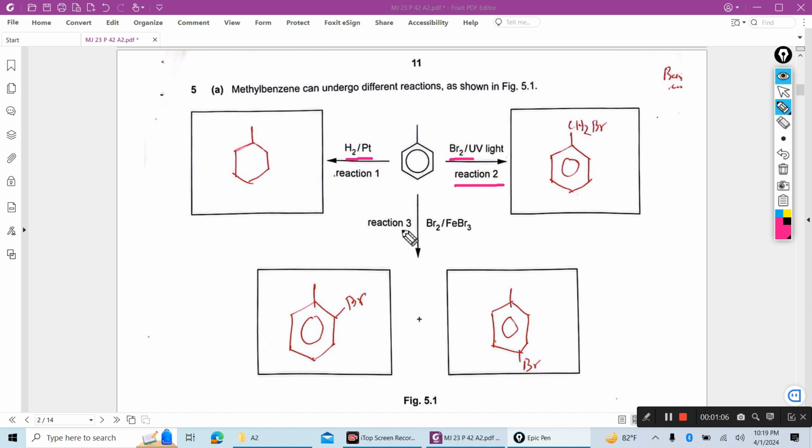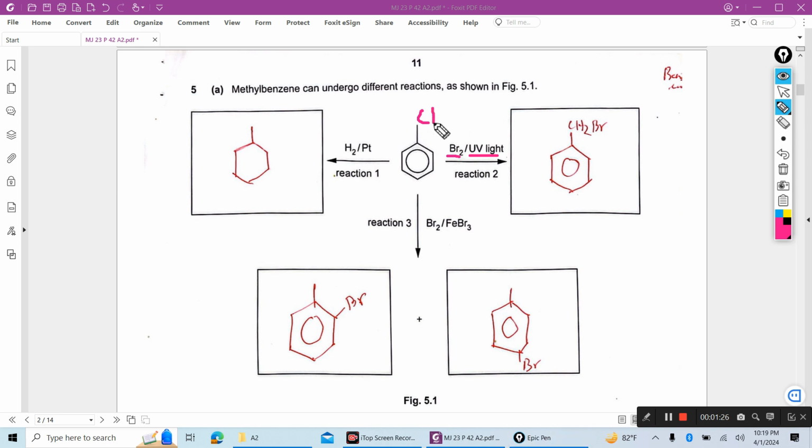This is reaction 2, and this is reaction 3, when methylbenzene reacts with bromine in presence of iron(III) bromide. And you know, when methylbenzene reacts with bromine in presence of ultraviolet light, it is a free radical substitution reaction.